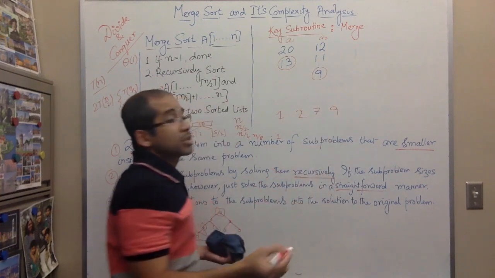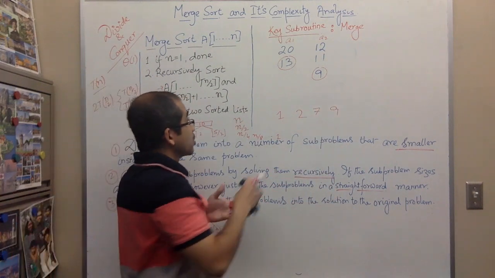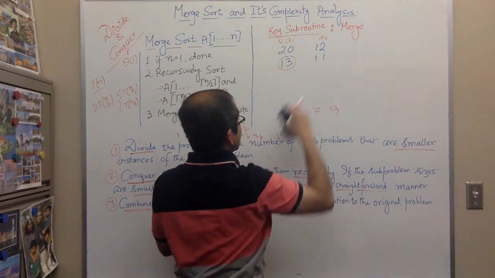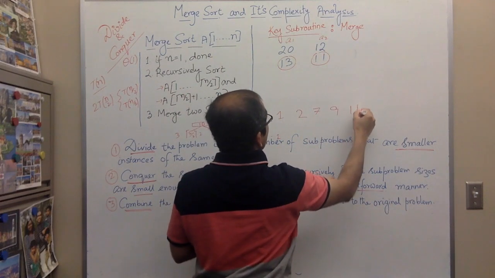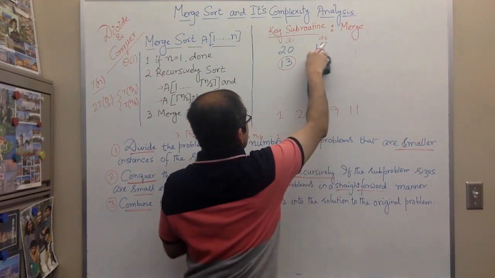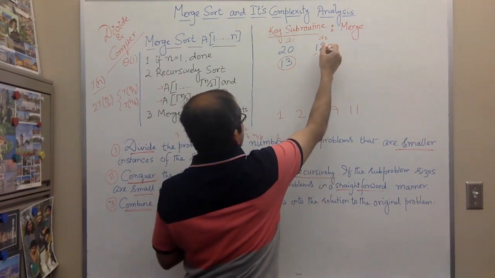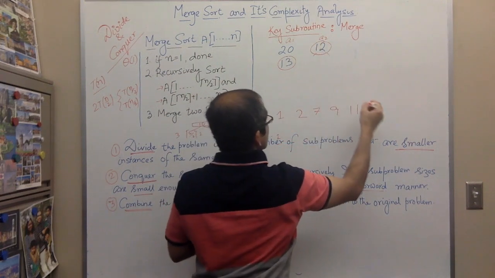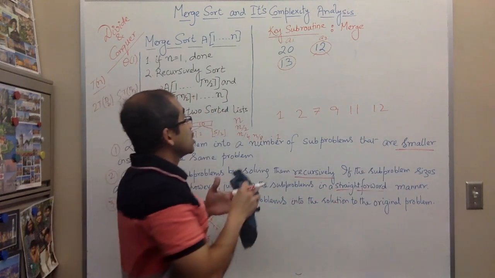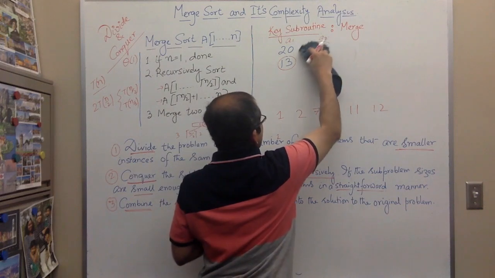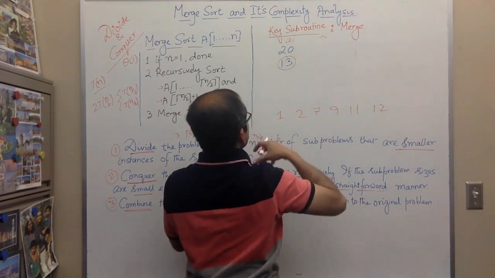This is the fourth comparison and the fourth element comes out. Now we compare 13 and 11. 11 is the minimum. This is the fifth comparison. Now 13 and 12 we compare. 12 is the minimum. This is the sixth comparison and the sixth element comes out. Now 12 is gone, so A2 is empty.